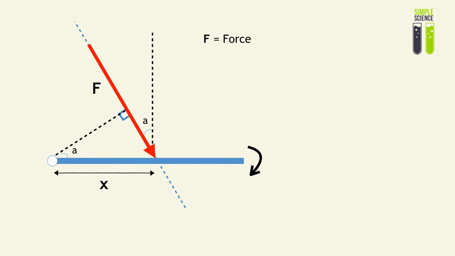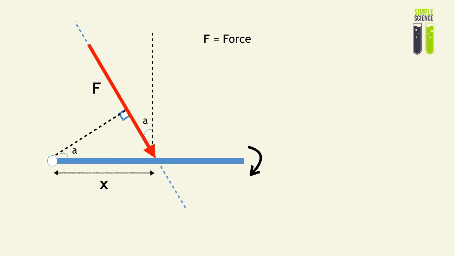So, how do we find this out? We have to draw out the line of action of the force, the dotted blue line, and then we find the perpendicular distance of that blue line from the pivot, which is indicated by the dotted black line on the left with a right angle on it. That's the perpendicular distance from the pivot.